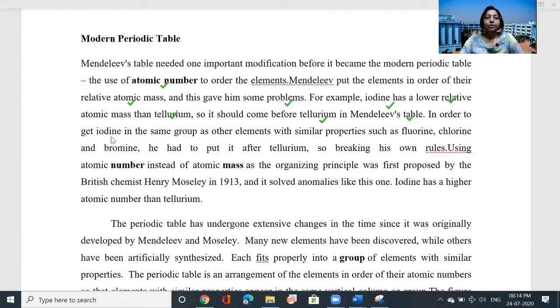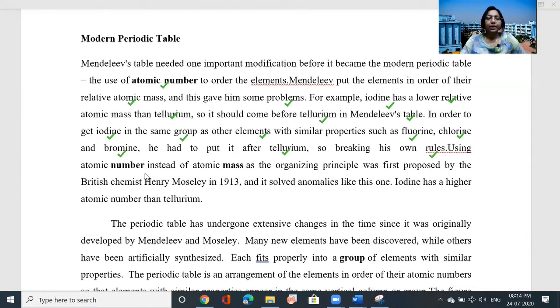In order to get iodine in the same group as other elements with similar properties such as fluorine, chlorine and bromine, he had to put it after tellurium. So, breaking his own rules.